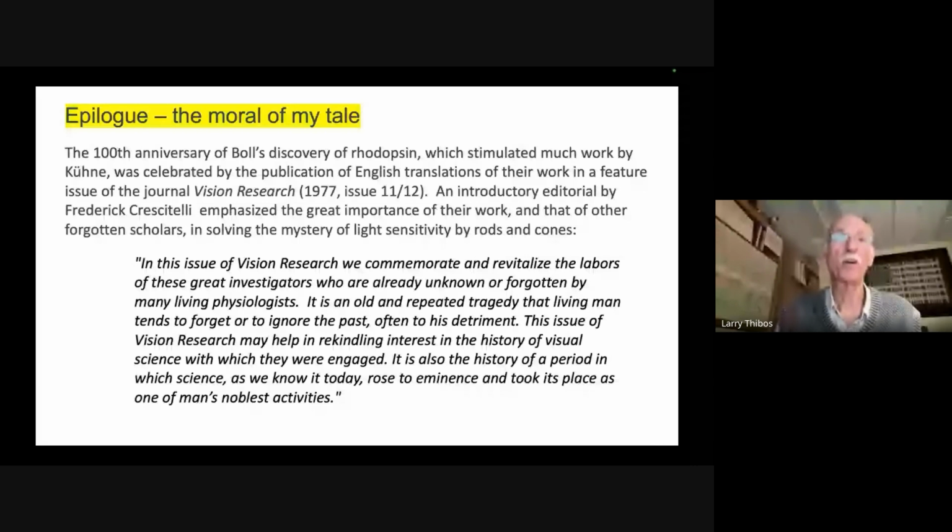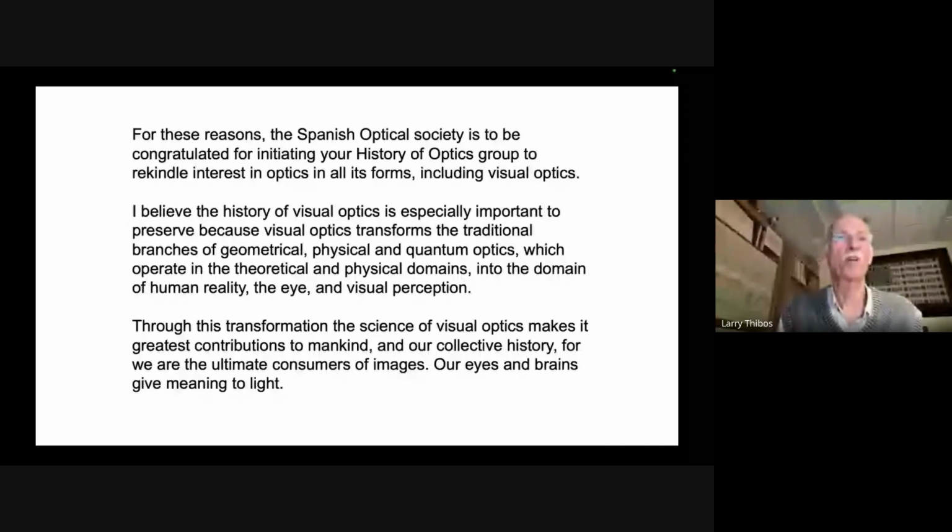So this issue of Vision Research may help rekindle interest in the history of visual science in which they were engaged. It's also the history of a period in which science, as we know it and enjoy it today, rose to eminence and took its place as one of man's most noble activities.